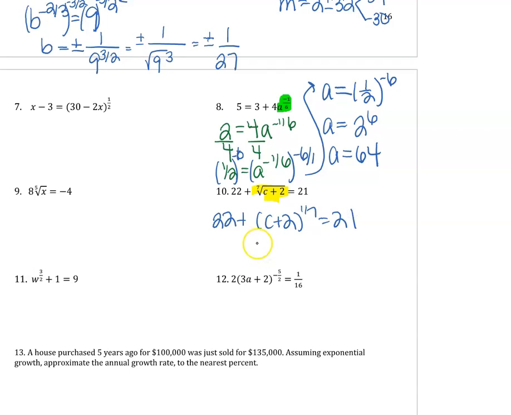So subtract the 22, you get c plus 2 to the 1/7 equals negative 1, and then you're raising both sides to the 7th power. And so on and so forth, and then you'd solve from there, okay? Which is the same idea. Just like how you guys know how to undo a square root by squaring both sides, you're undoing a 7th root by raising to the 7th power. It's all because of reciprocal powers.